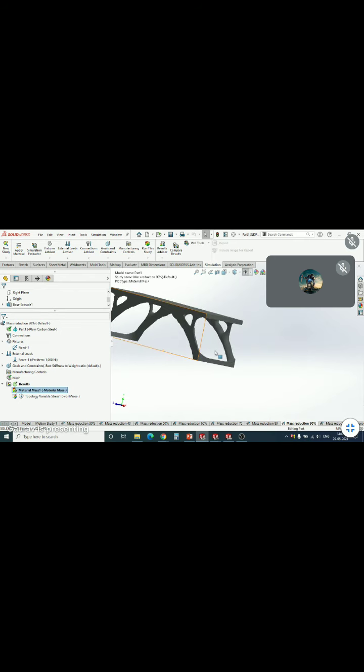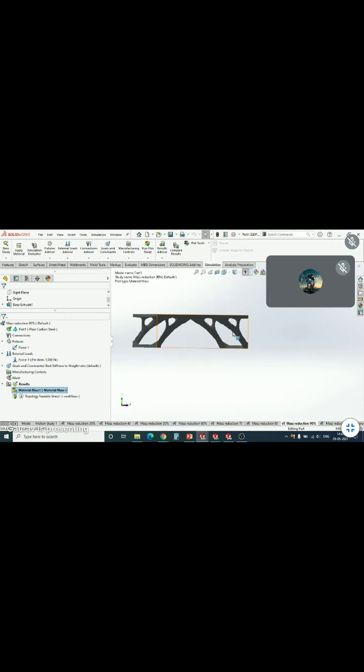See the results. It has even created a cutout from within. Now we know why bridges have arcs and why they are not bulky. Correct? So this will give you a good idea about your product, from where we can reduce the material and earn more profit on the part.